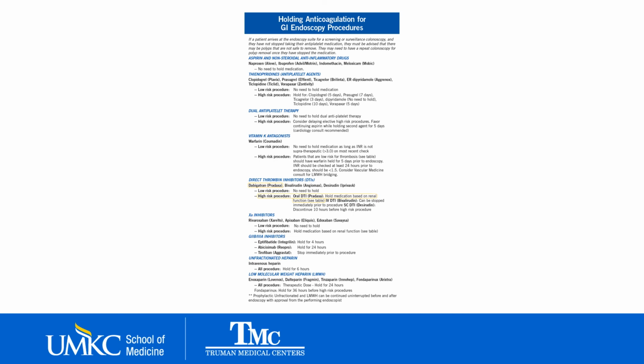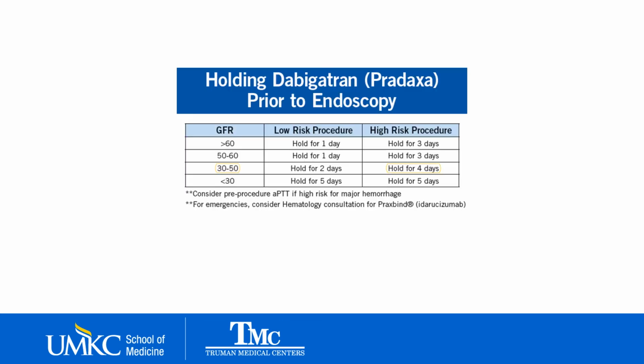We will find Pradaxa under the Direct Thrombin Inhibitors heading and notice that we should consult the section to the right due to the patient's impaired renal function. The chart on the right side of the guideline sheet informs us that this patient, with a GFR of 37, who will undergo a high-risk procedure, should hold Pradaxa for 4 days.